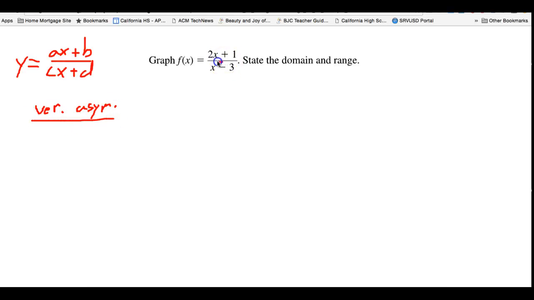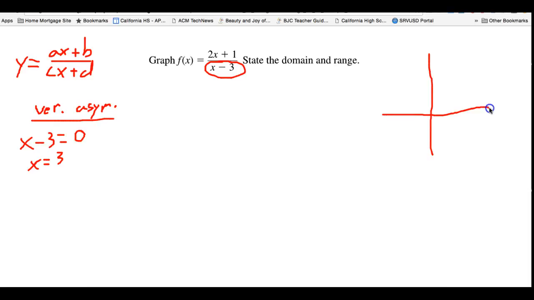Here our denominator is x minus 3, so we set x minus 3 equal to 0 and solve for x to get our vertical asymptote. In this case, we just add 3 to both sides and we get x equals 3. So what that means is if we look at an xy axis, if we go over 1, 2, 3, at this line right here, we've got a vertical asymptote.